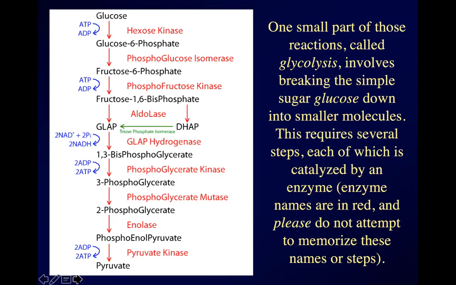Glucose doesn't taste quite as sweet as table sugar, but you can certainly eat it. If your cells are not able to take up glucose, it ends up in your blood and your urine, and you have diabetes. So you might have heard of that. And glucose gets broken down into two molecules of a compound called pyruvate.